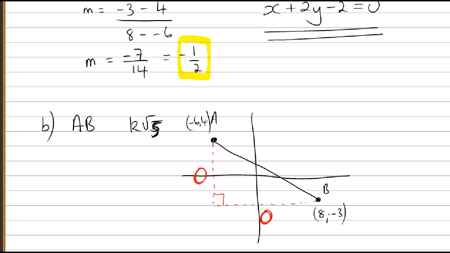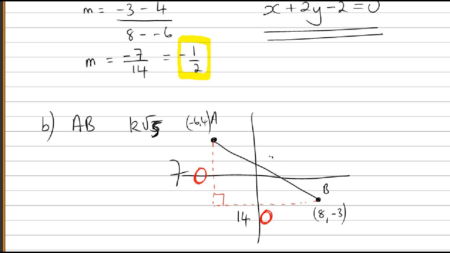So we are going in the y direction from -3 to 4, so we've gone 7 units, and in the x direction we've gone from -6 to 8, well, that's 14 units.